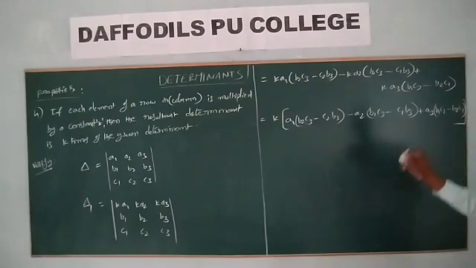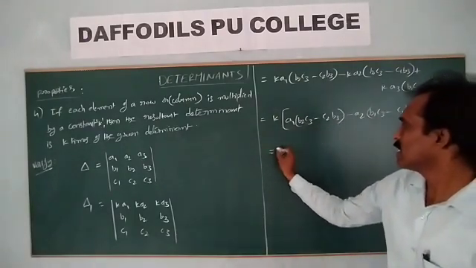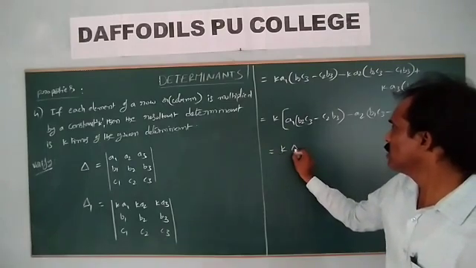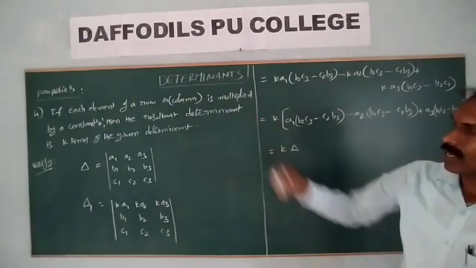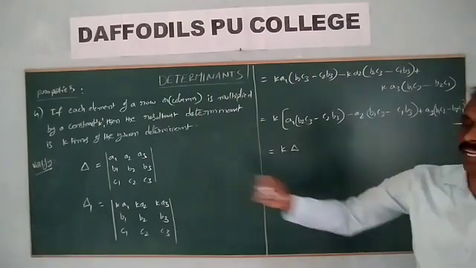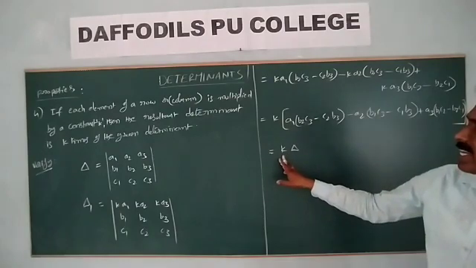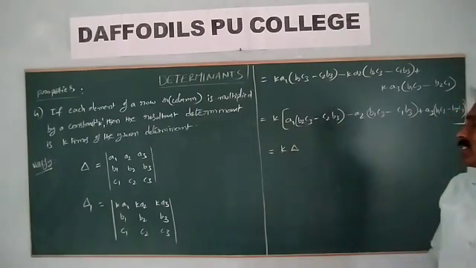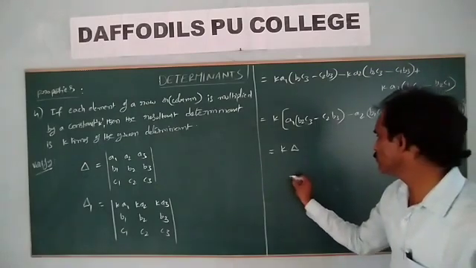So the total bracket: we already know from the previous three properties that the determinant value is this one. That implies k times its determinant. If each element of a row or a column is multiplied by a number k, then the value of the determinant is k times the given. You observe one point here.